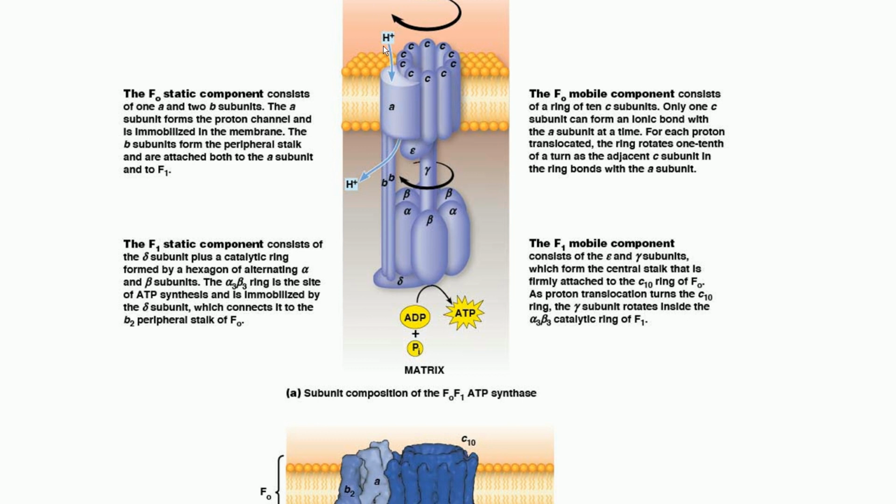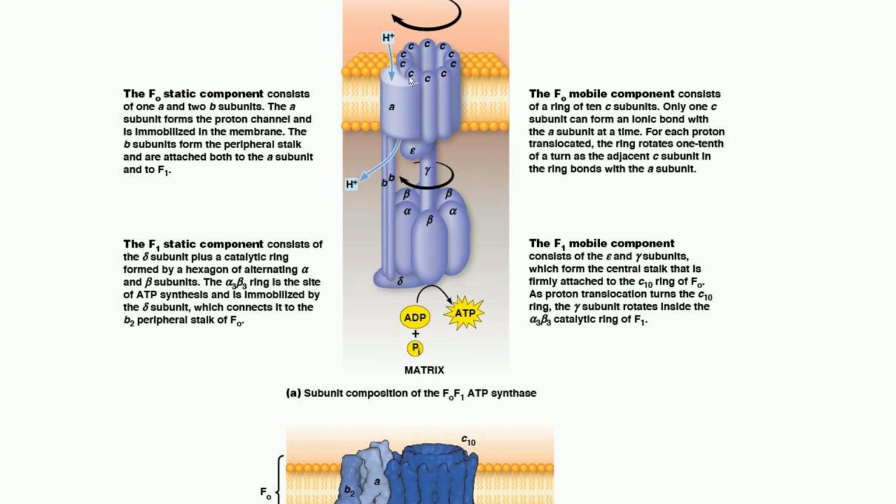When the proton flows through this A subunit, which acts like a proton channel, it neutralizes the charge, because the proton has a positive charge. It neutralizes the charge on the aspartate which is there in the C subunit.